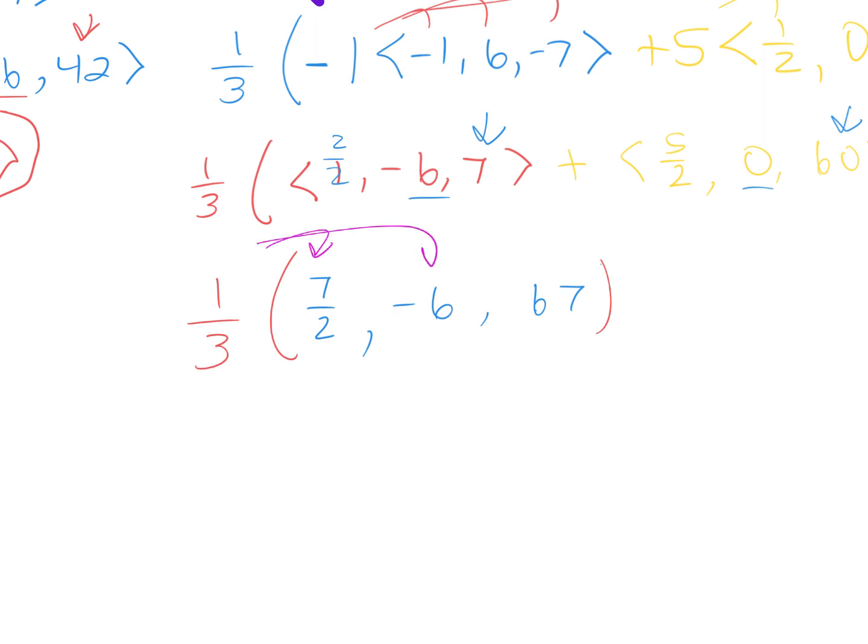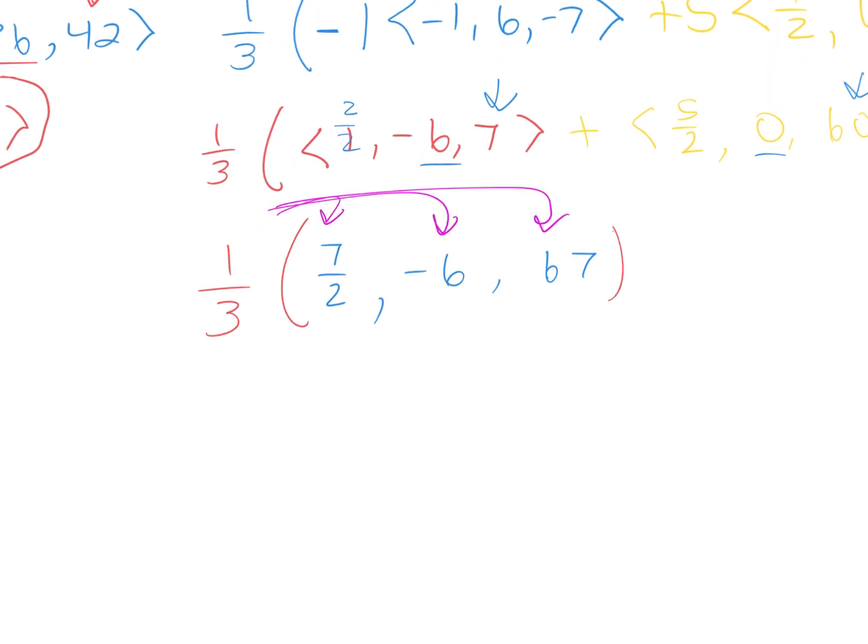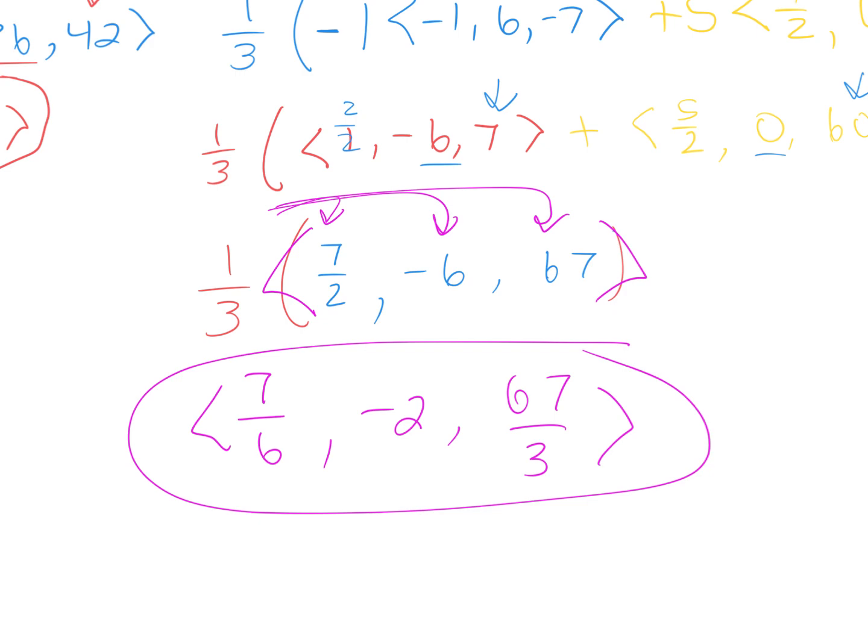Now I'm dividing by 3, right? So if I distribute this, what is 1/3 times 7 over 2? Sorry, this should be in vectors. Should be 7 over 6, good. And then what's 1/3 times negative 6? Negative 2, good. And then 67 over 3, is that going to simplify at all? Okay, so just leave it. There you go. Good.